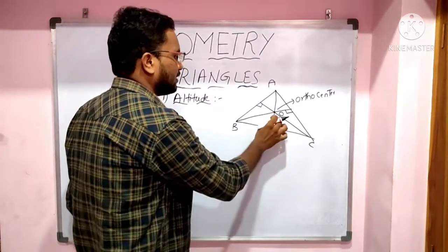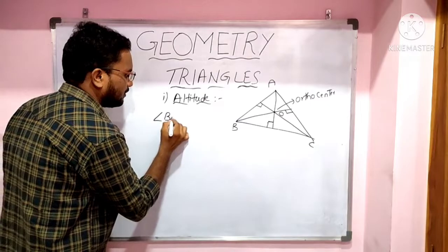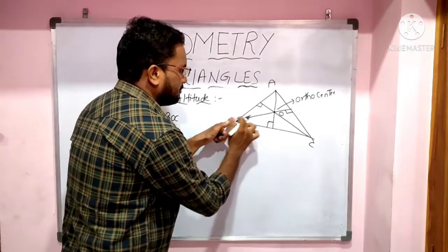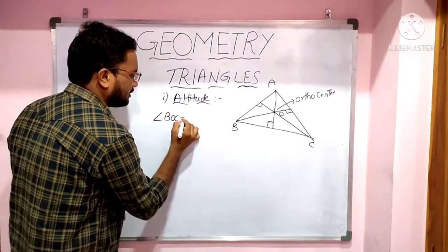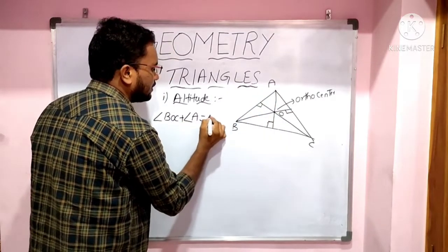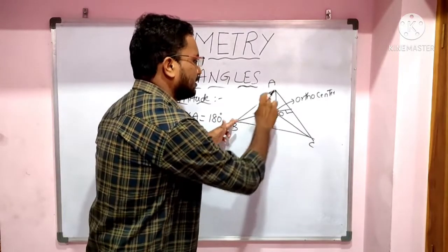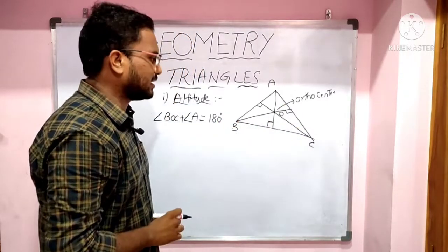If O is the orthocenter, then angle BOC plus angle A equals 180 degrees.